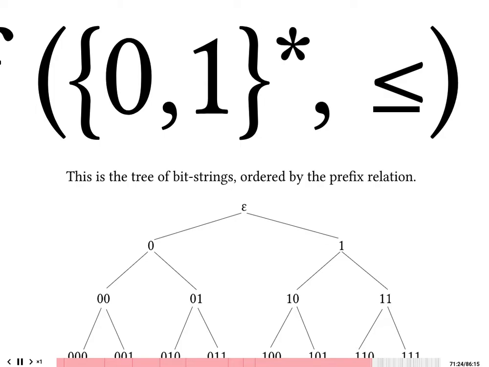Now, you can think about the ordered natural numbers as being a branch in this tree, say the leftmost branch. So you can embed MSO over natural numbers into MSO over this infinite tree.